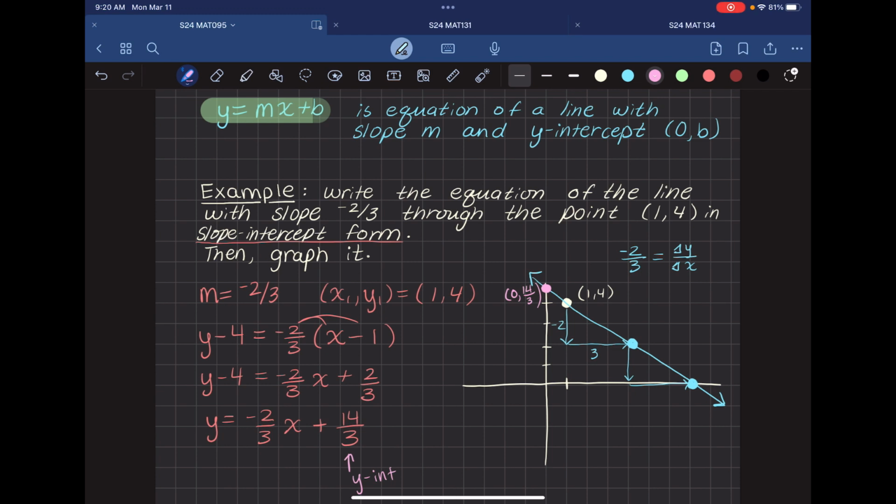And then we could again use our slope to find the next point. And actually, if you think about this triangle right here, we're moving down 2/3 and over 3/3. So our units are in thirds, but we still maintain that slope. So sometimes that way is easier when you don't have a fraction for your y-intercept, but I just wanted to mention it. All right, so that is our review for our midterm.